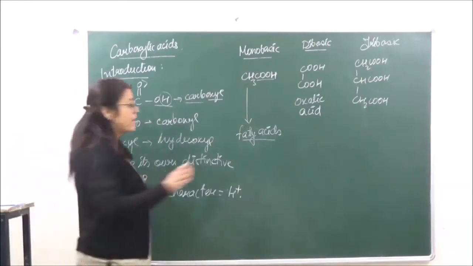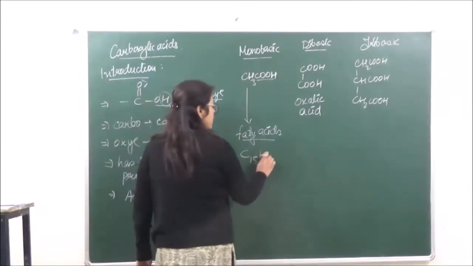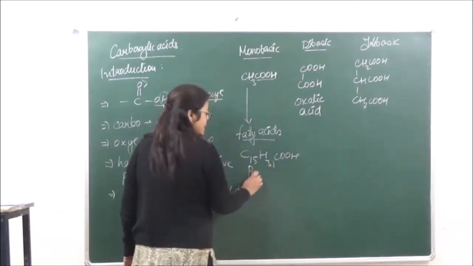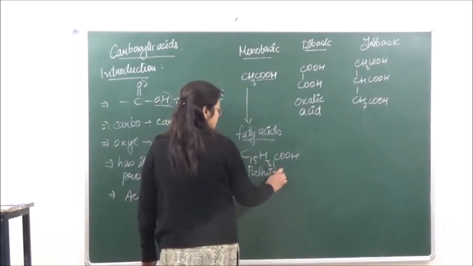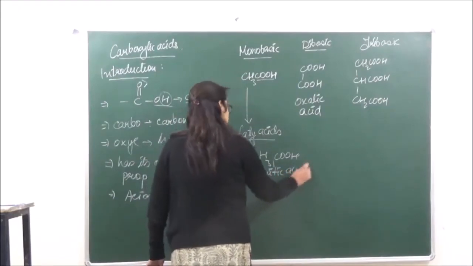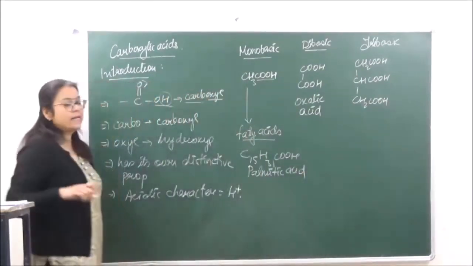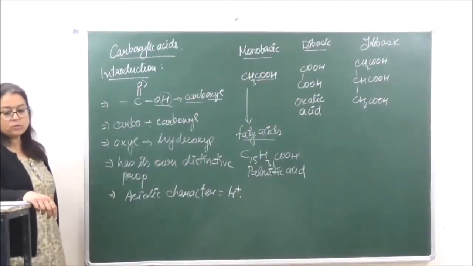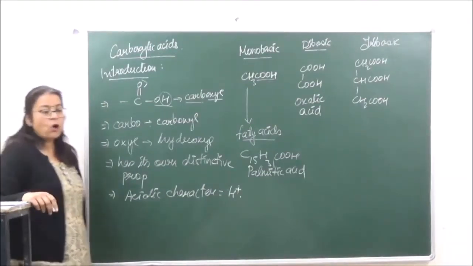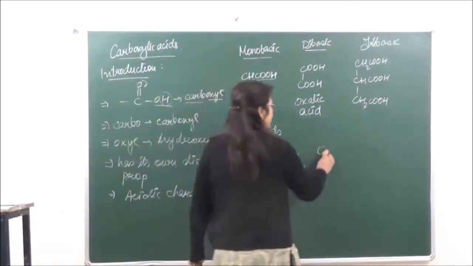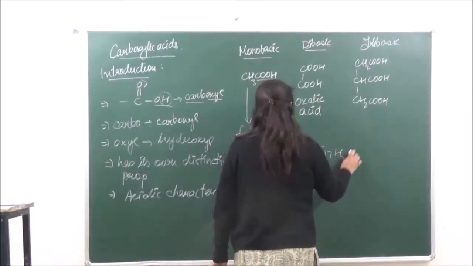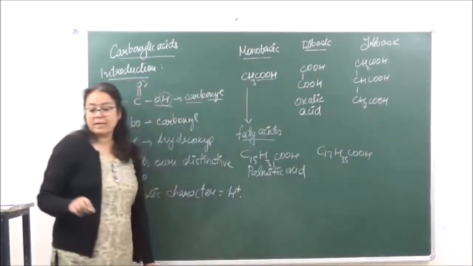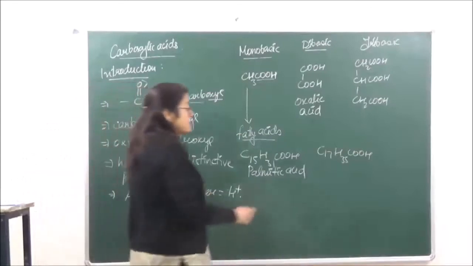For example, we have C15H31COOH, which is known as palmitic acid, or C17H35COOH, which has even more carbon atoms and is known as stearic acid.